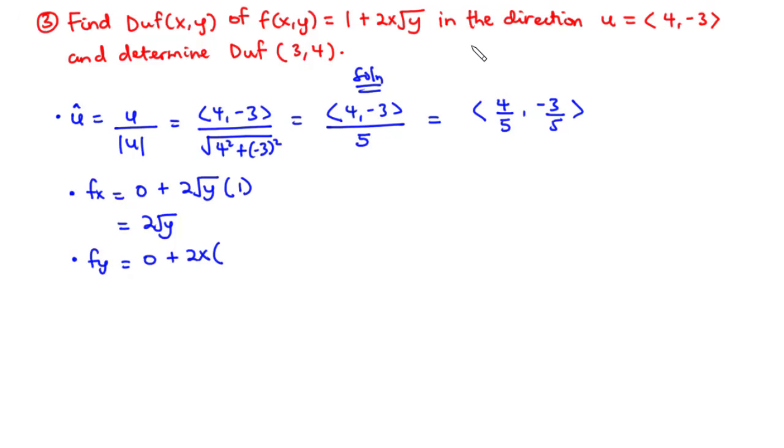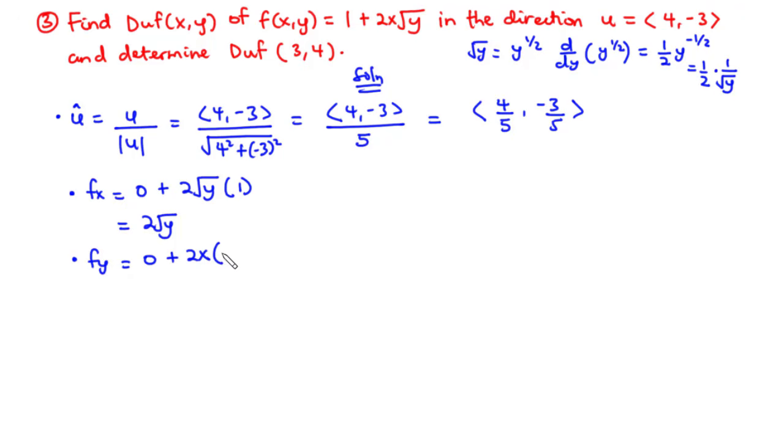and then we differentiate square root of y. Now square root of y is the same as y to the power 1 over 2. So if you want to differentiate this, that is d/dy of y to the power 1 over 2, then basically you have 1 over 2 y exponent -1 over 2, and that's basically 1 over 2 times 1 over square root of y.